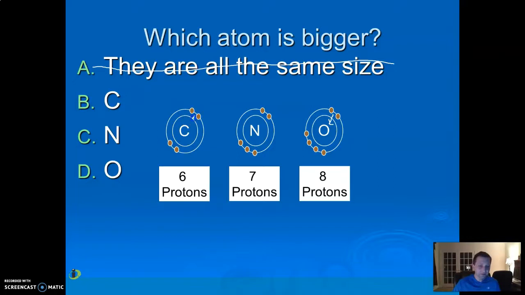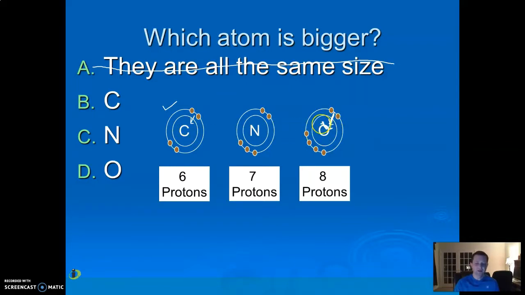So these 2 electrons in carbon are still being pulled in, but they're not being pulled in as much as we have over here. This is my attempt at making a stronger pull of electrons there for oxygen. So what does that mean? Well, that means carbon is actually larger because these electrons are pulled in a little bit less than the ones on oxygen are.